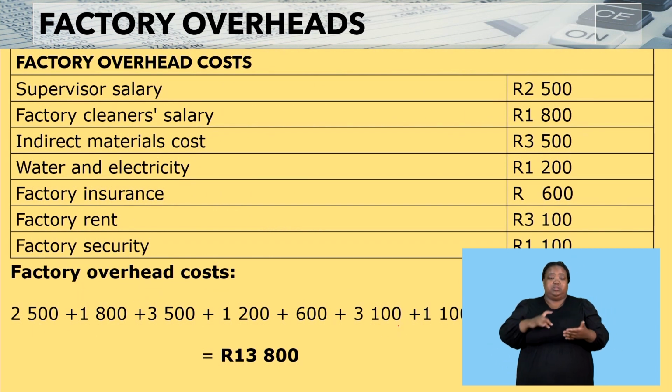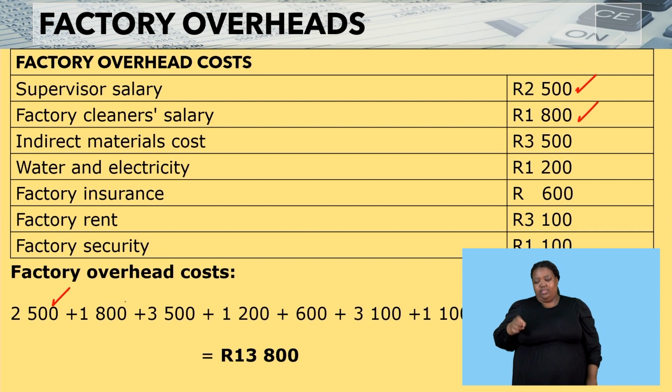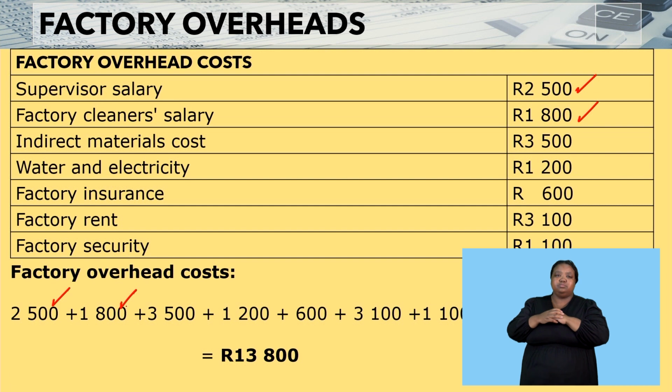We want to calculate the factory overhead cost. So to begin with, we start with the supervisor's salary. There it is, 2,500. We have the factory cleaner's salary, 1,800. So we also add it when we are calculating factory overhead costs. We also have what is known as indirect materials.